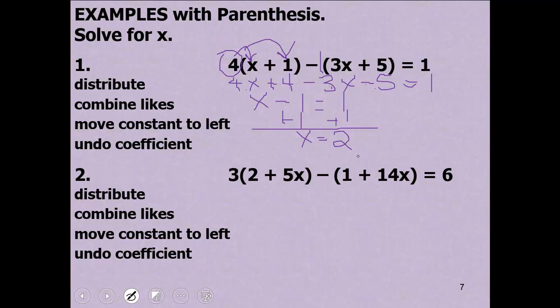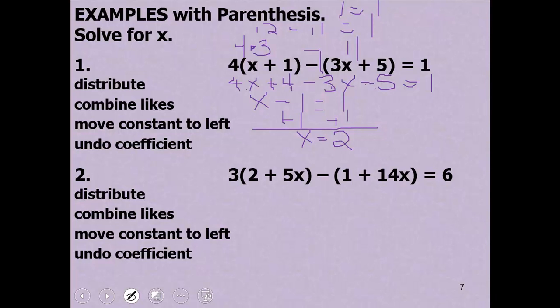So if I wanted to check this, I would have 2 plus 1 is 3, minus 3 times 2 is 6, plus 5 is 11. 4 times 3 is 12 minus 11 is equal to 1, and 1 equals... whoops, why is that not right? 1 equals 1.